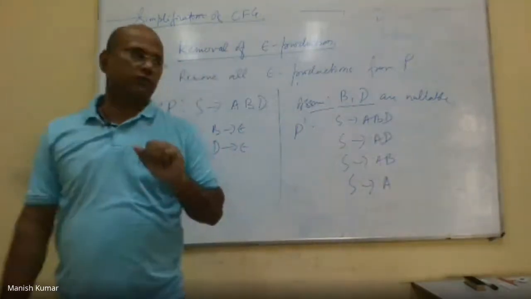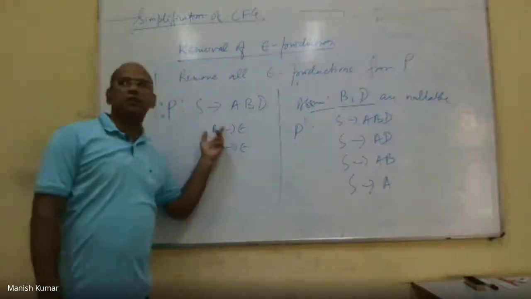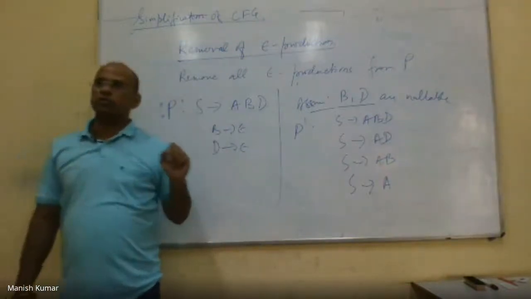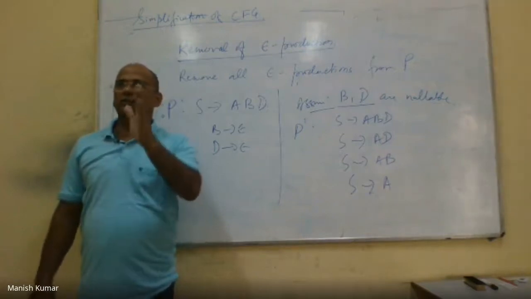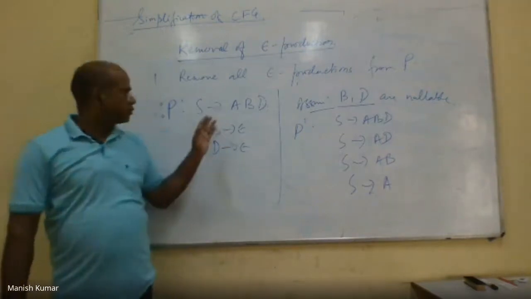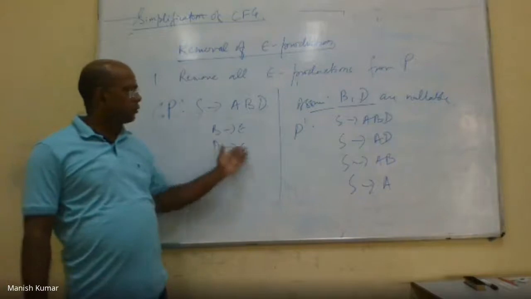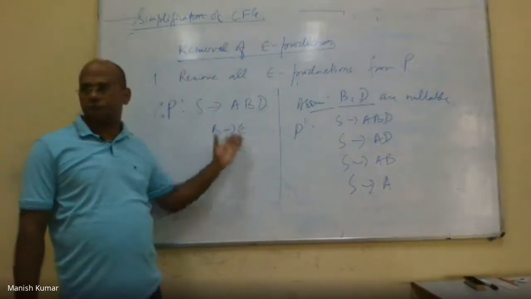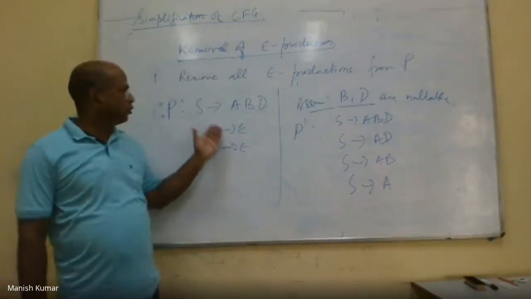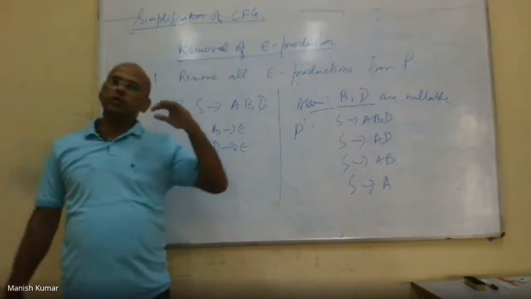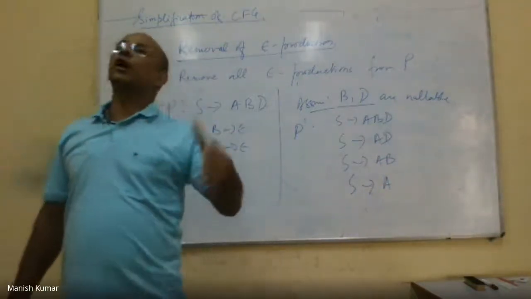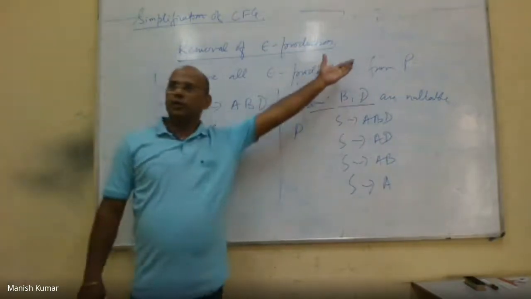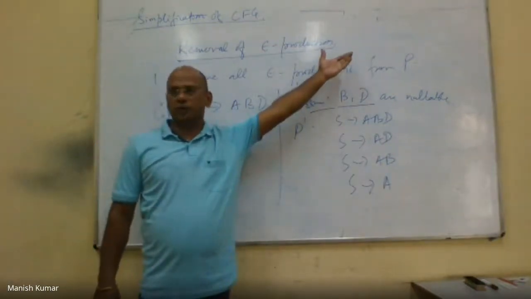Actually, what is happening in this case is that this epsilon is always used to terminate the generation at some point. Okay. So when you look for elimination of all such production rules, what you do is simple, you generate all such combinations which are required for a particular set of strings to be generated.